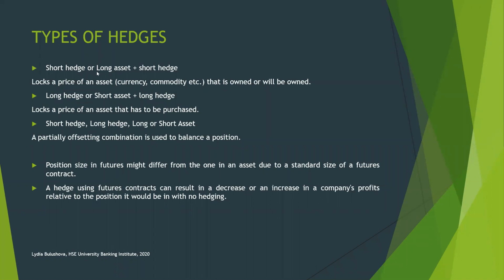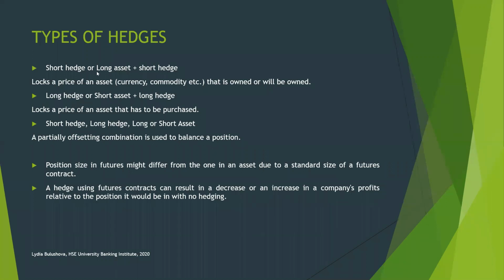And finally, there might be a partially offsetting combination that is used to balance a portfolio. This hedge is a typical way of managing a position for any fund or any portfolio manager, when you have various assets, you are long an asset, you short an asset, and so on.